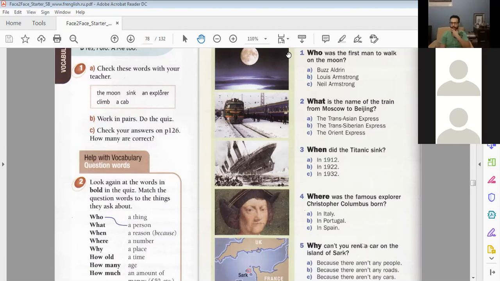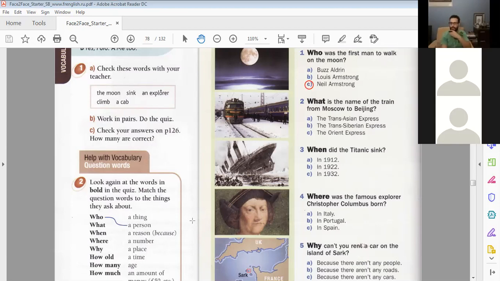Which one, Basma? A, B, or C? Neil Armstrong. Okay. Let's write your answer. Okay, Manal, can you read number 2?